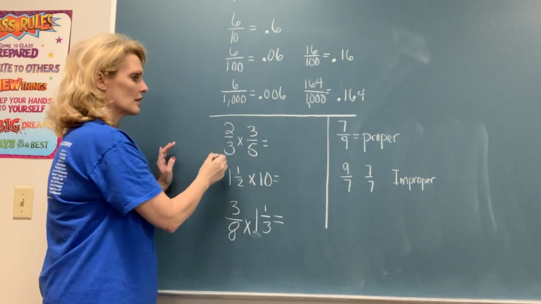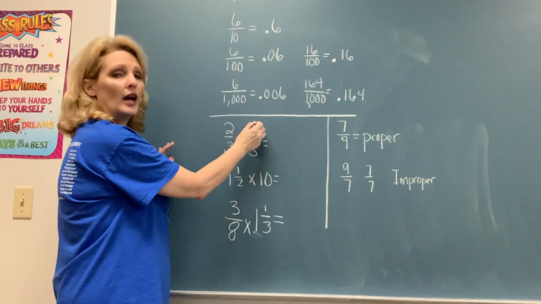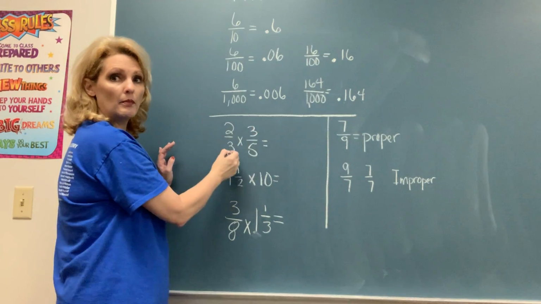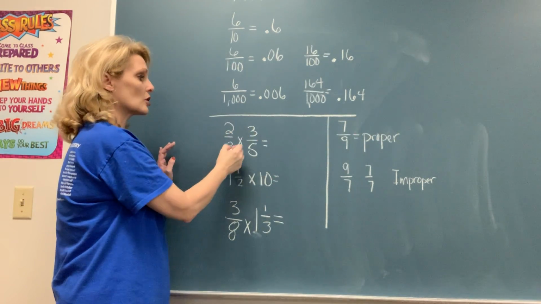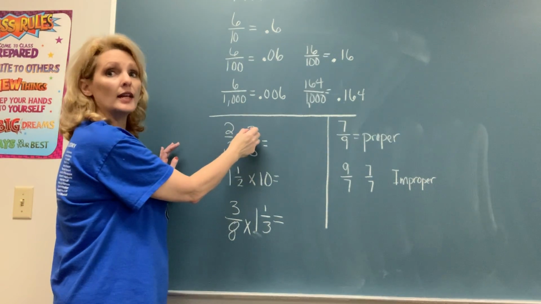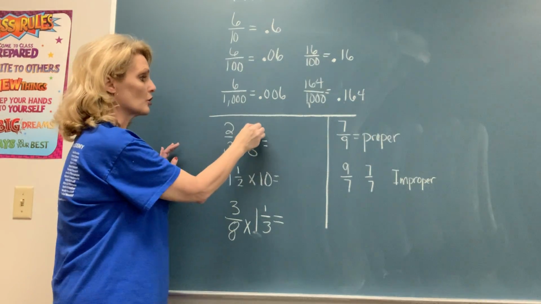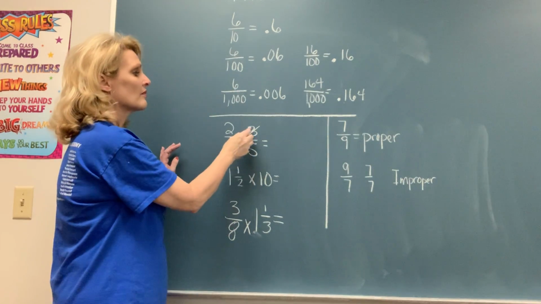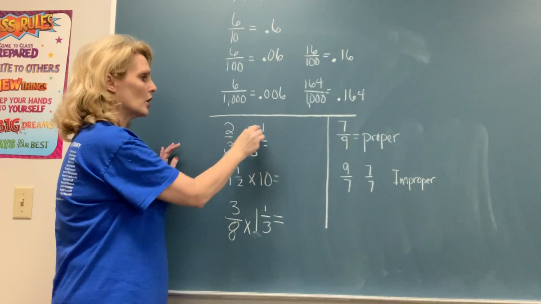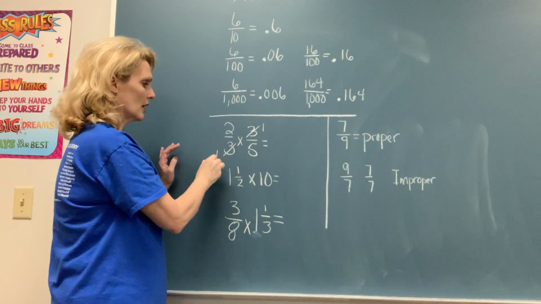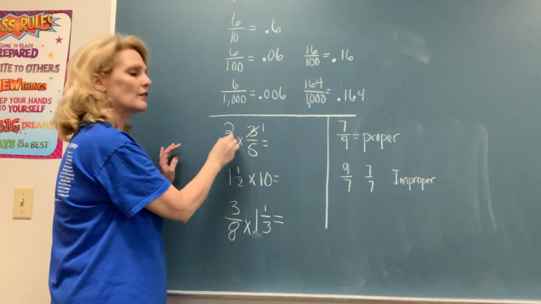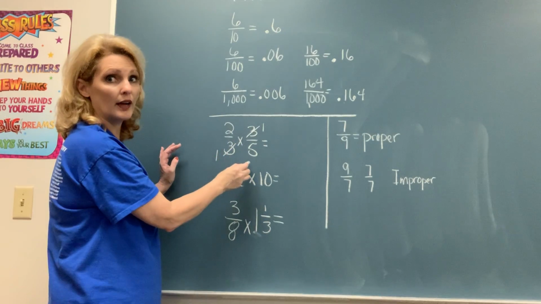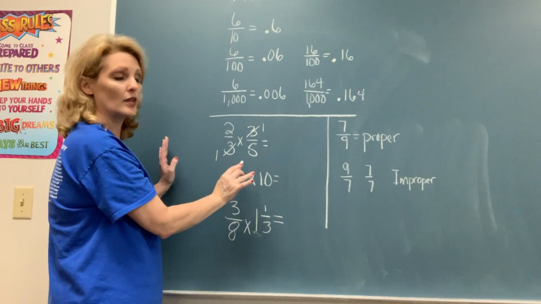Always look from left to right first, bottom to top. So can this 3 and this 3 be canceled out? Yes, it can. So your 3's will cancel out. 3 divided by 3 is 1. 3 divided by 3 is 1. 2 and 5, 2 cannot go into 5. So we cannot cancel that out.